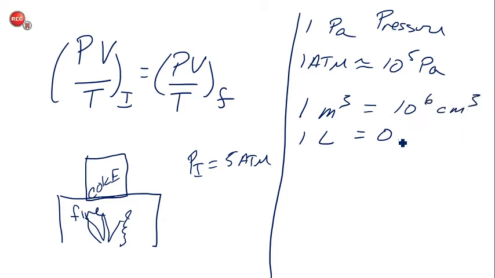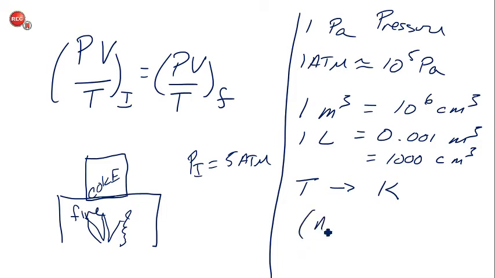So 0.001 meter cubed is 1,000 centimeters cubed, right? And then your temperature is always in Kelvin, not degrees Celsius. You have to use Kelvin because we're always going to talk about absolute temperatures, not changes in temperatures.